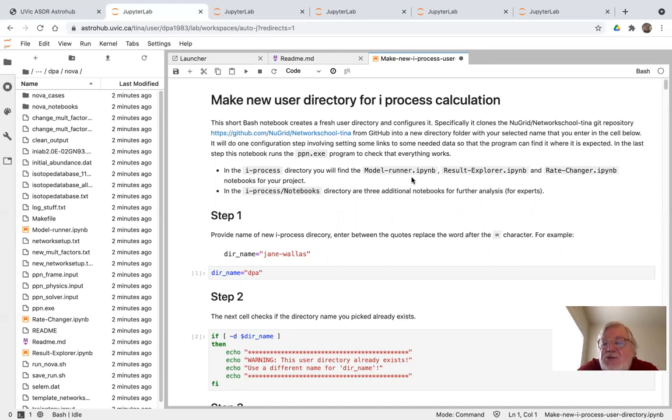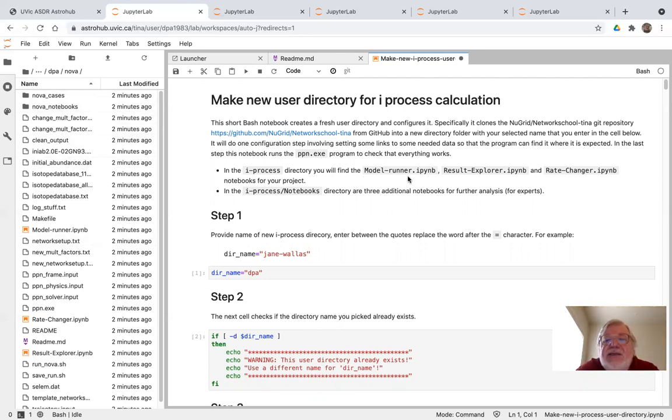Model runner notebook, obviously, will run model simulations. Result explorer notebook will analyze results, and rate changer notebook will allow you to change some nuclear reaction rates and rerun your simulations to compare how the change of reaction rates changes nuclear synthesis yields, right? So in the Nova directory, you will find these three notebooks.